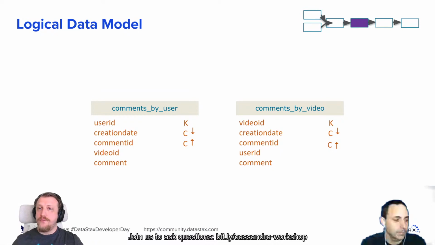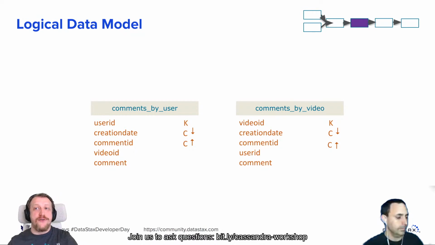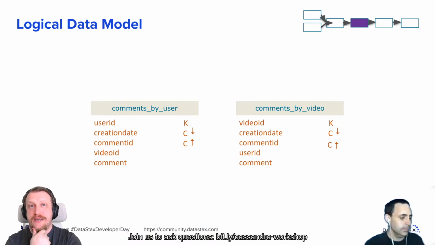For comments by video, we do not know user ID. Let's say, how many users does YouTube have? Really a lot. You don't want to try to load comments by video by getting all the user IDs and loading by user. When we load comments by video, we know video ID, and we use video ID as the main thing.